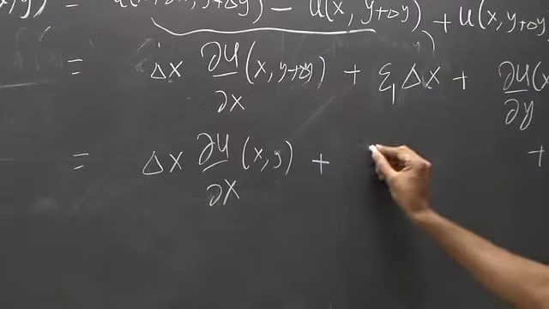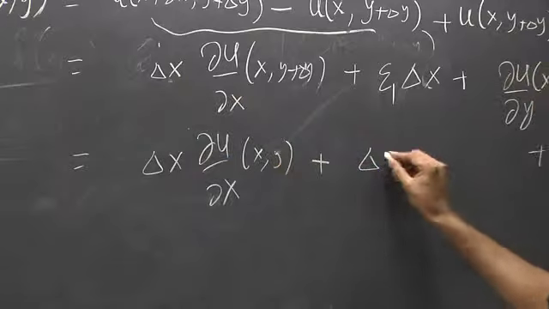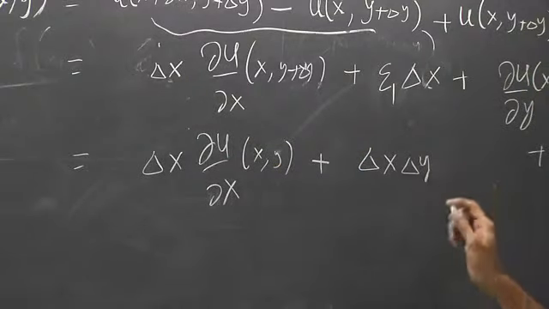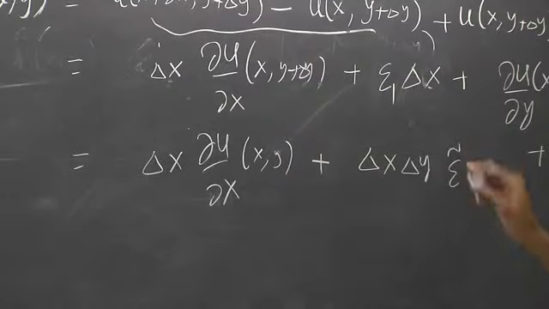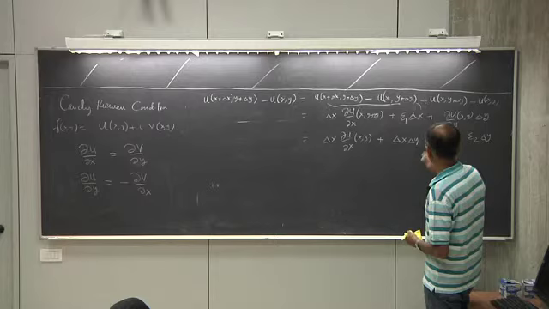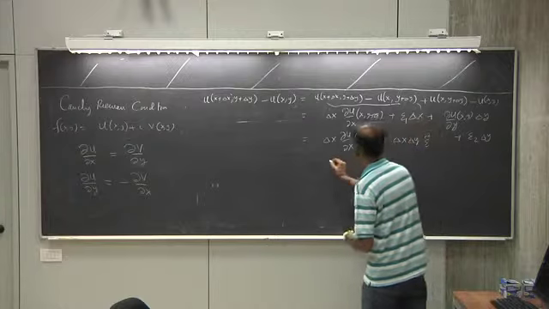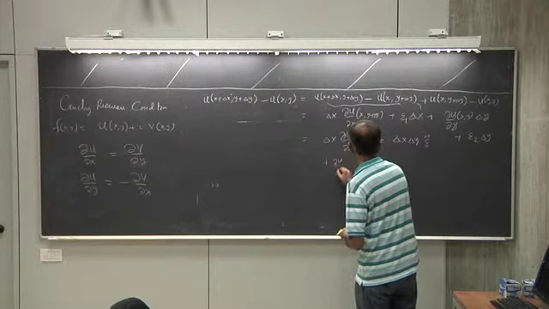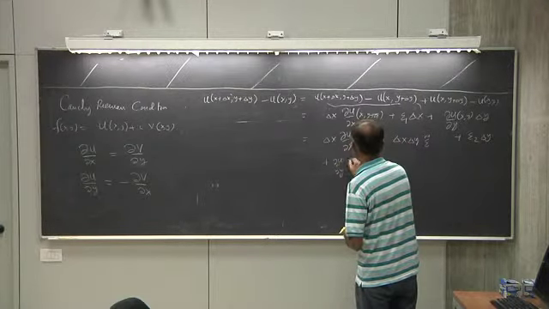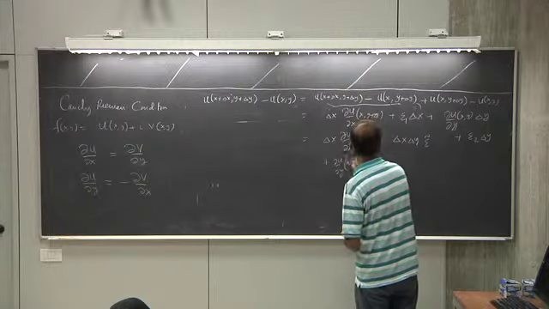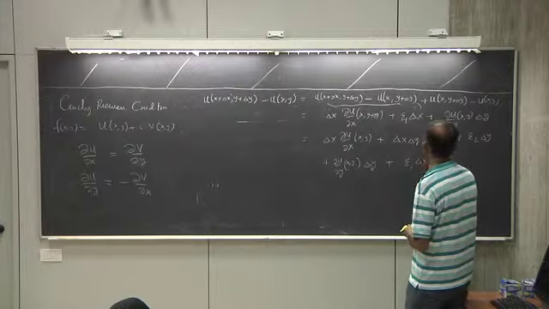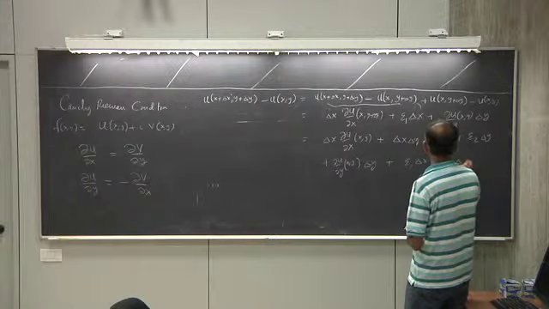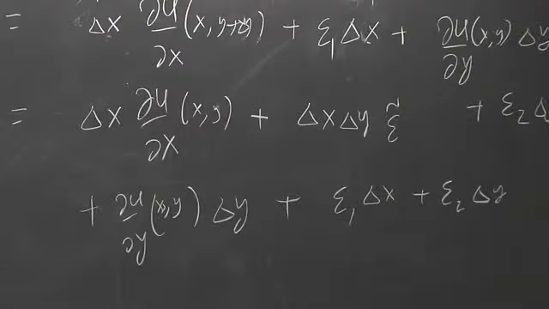Delta x is already there, so it will be like delta x times delta y times something else, let's call it epsilon tilde. Then I keep the remaining pieces: plus du by dy at x, y times delta y, plus epsilon 1 delta x plus epsilon 2 delta y.